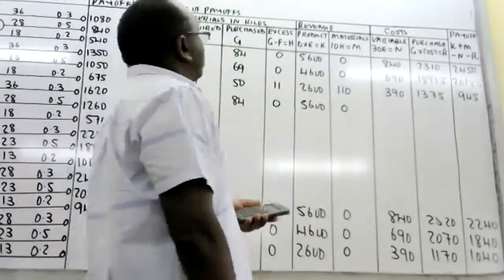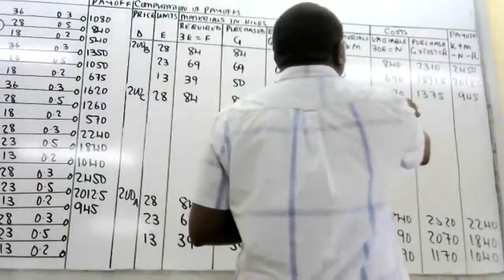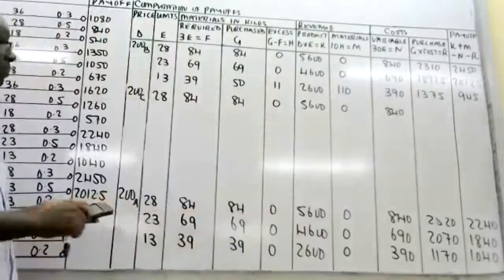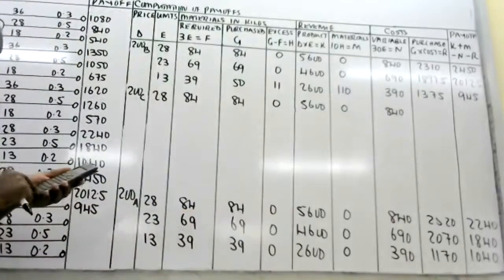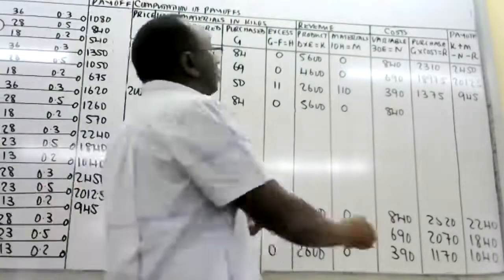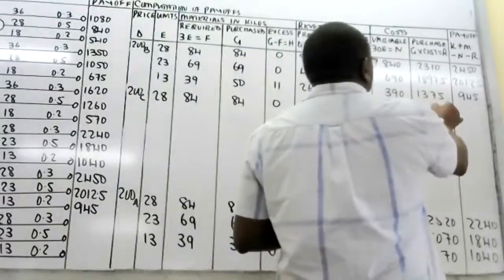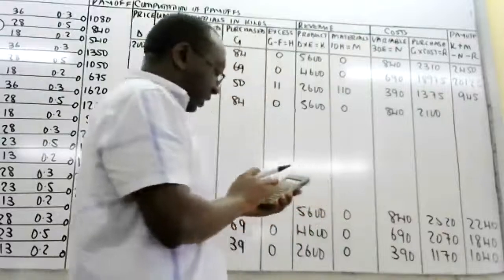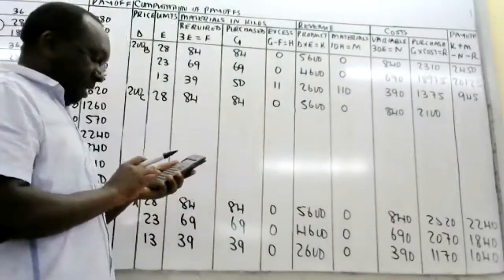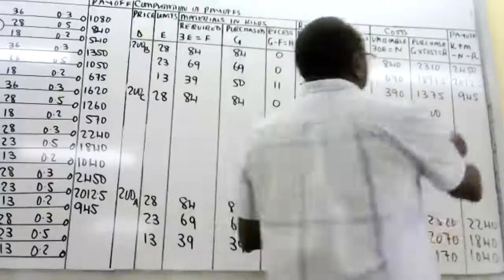The variable cost will still be 840. But now the purchase cost will change. It is 84 times 25. That is 2,100. So 5,600 minus 840 minus that is 2,660.